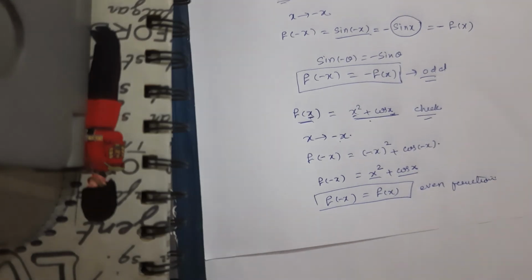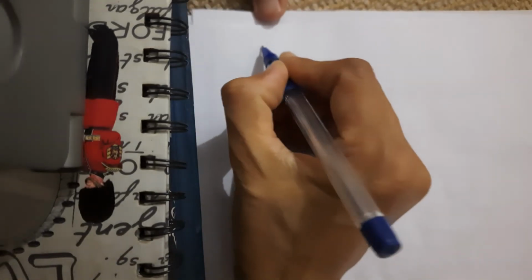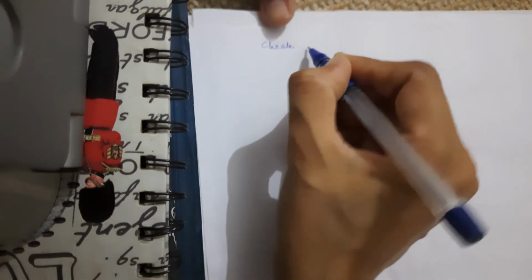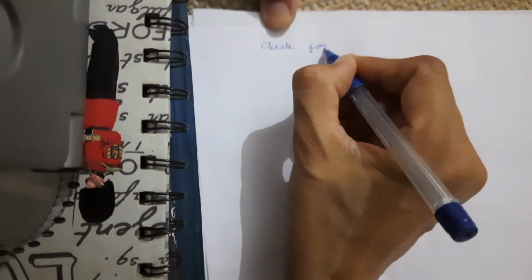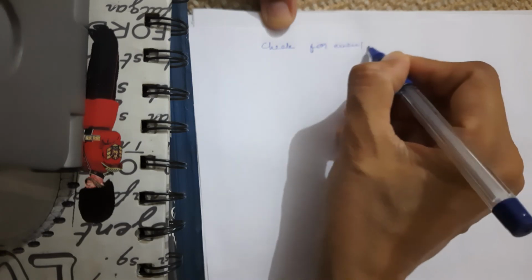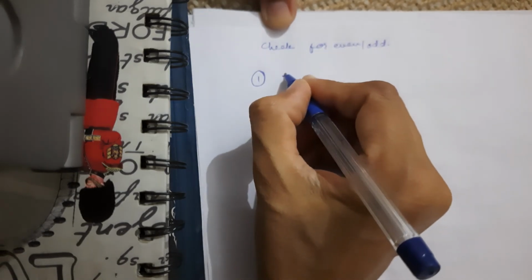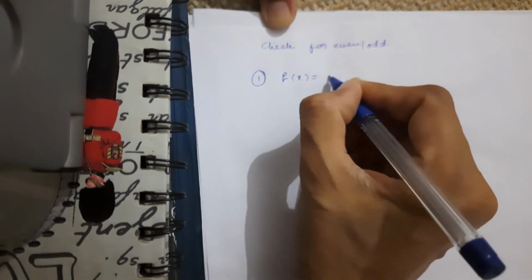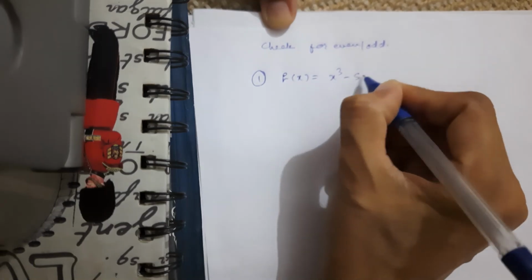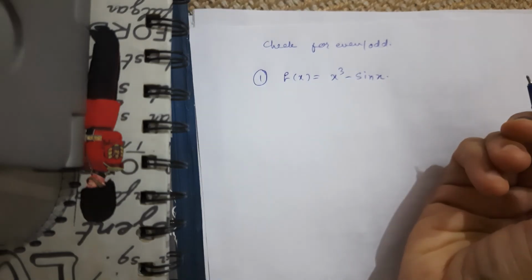Okay, that's how we check even and odd functions. So I want you to solve a few examples. Check all these examples for whether they are even or odd functions. The first example I am giving you is f of x equals x cube minus sin x.